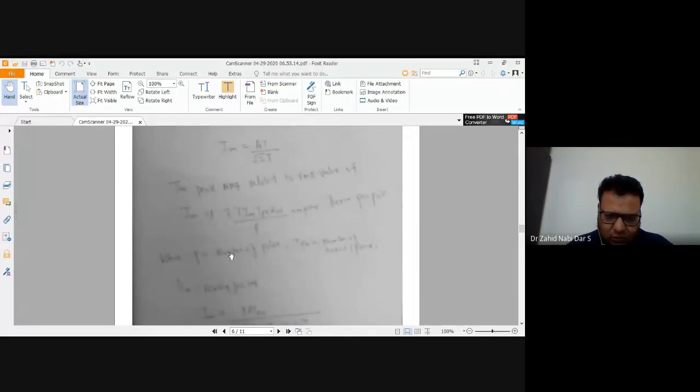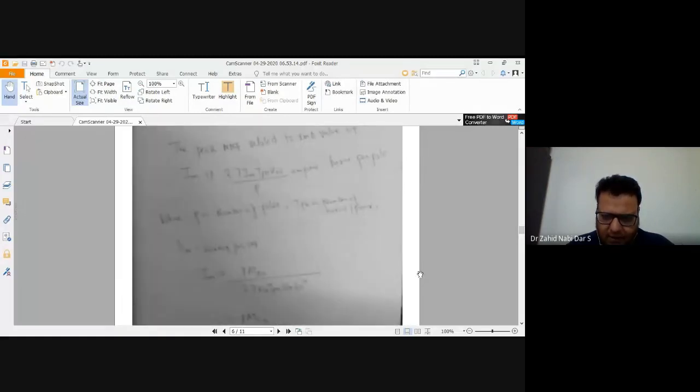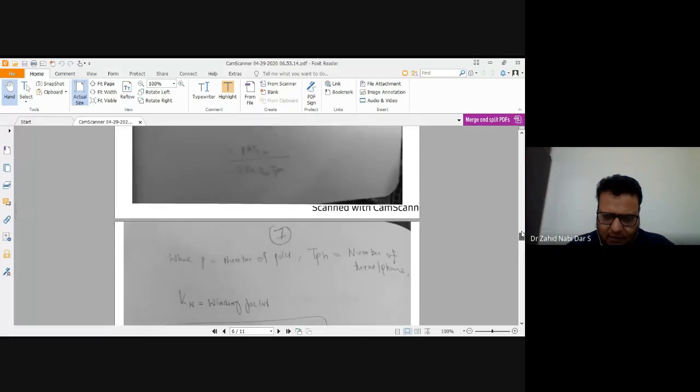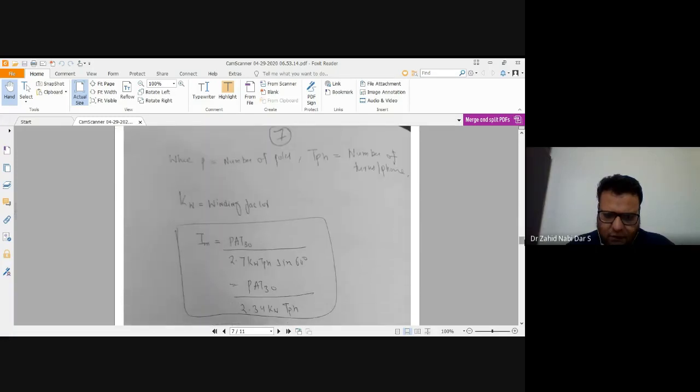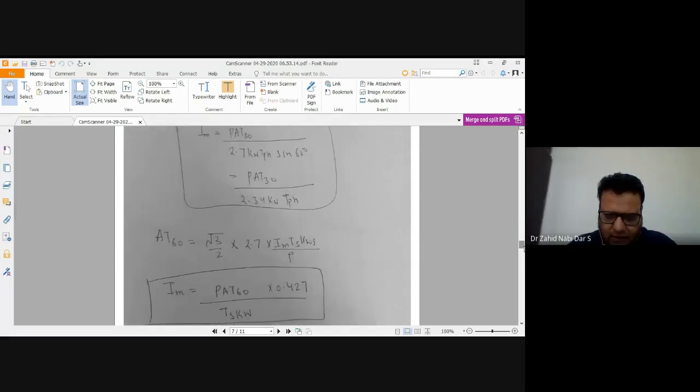Where P is equal to number of poles, T phase is equal to number of turns per phase, Kw of course, you know, is the winding factor, and you can calculate your Im. If you are using it for 30°, usually this formula is not required, but you can also remember which formula we are mostly using.